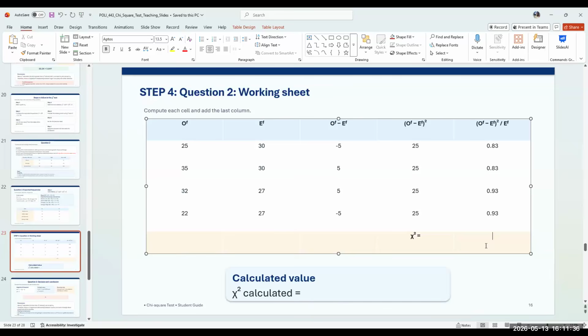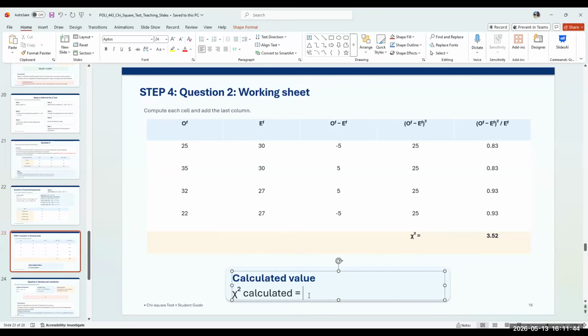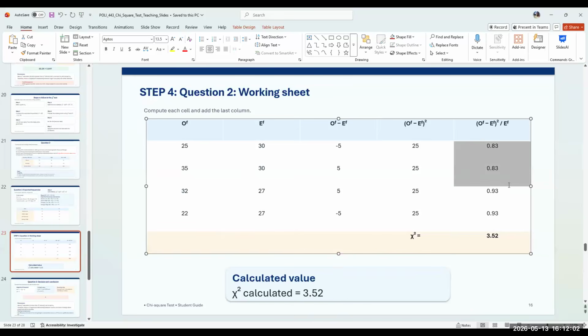It is 3.52. Thank you. So that means the S square calculated is 3.52. Do you all get it now? What happened over here is that George added all this summation.